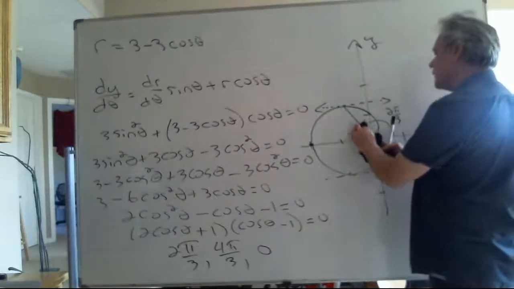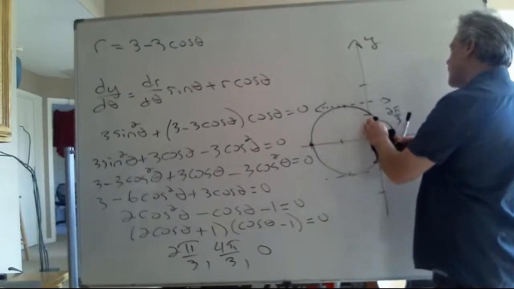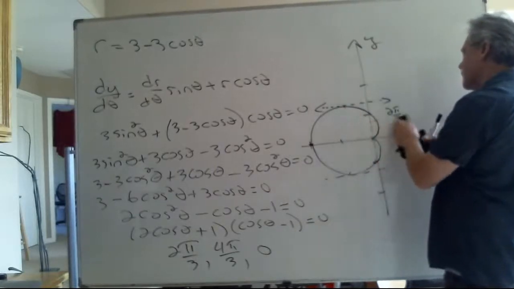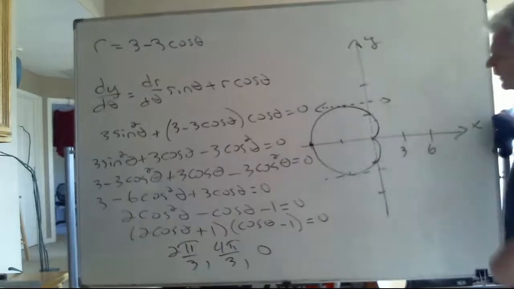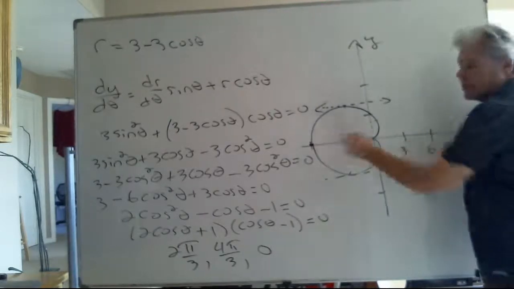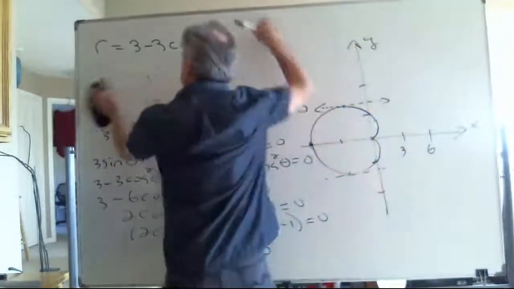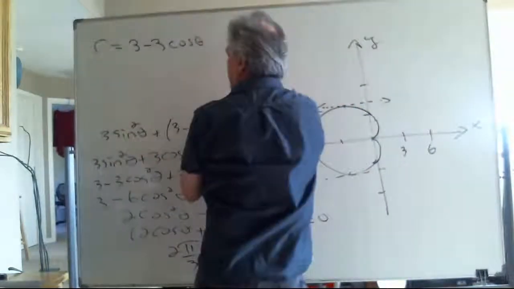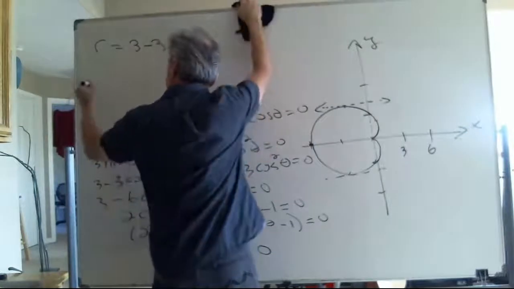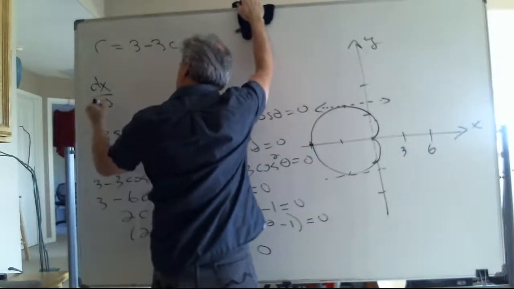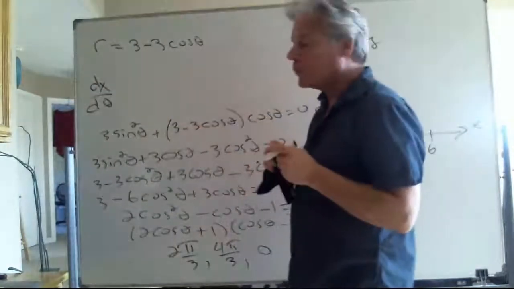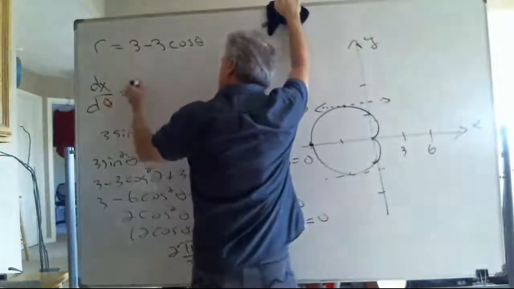Now let's identify what values of theta give me a vertical tangent line. Let's go backwards. All right, it's going to happen here, here, and here. So let's dive in and see what happens when I try to derive x with respect to theta, the denominator of the dy dx on the other side of the board. So it can be this.